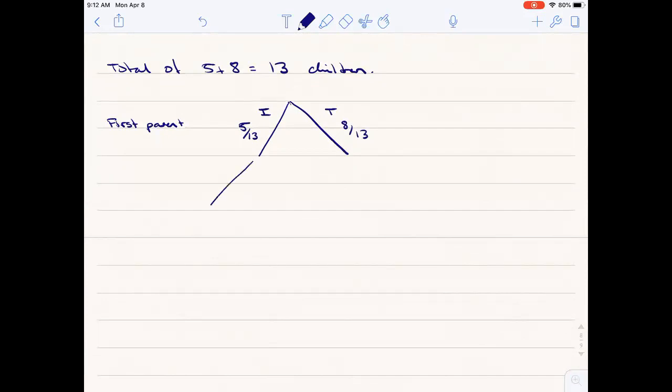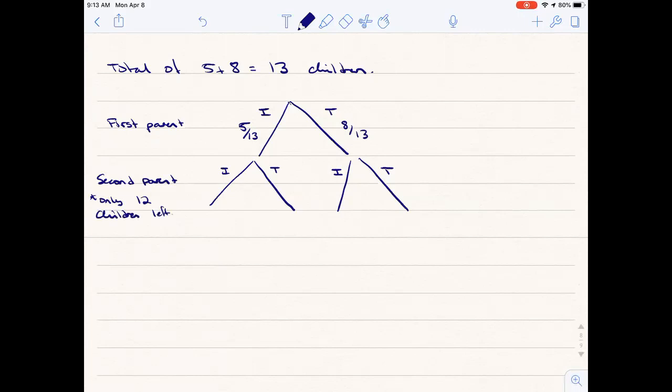Then the second parent comes, which depends on what happened with the first parent. They'll either pick up an infant or a toddler, or an infant or a toddler. Now there's only 12 kids left, so all these probabilities have to be out of 12 now.